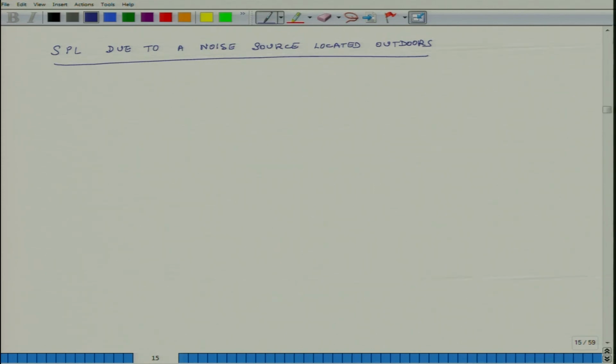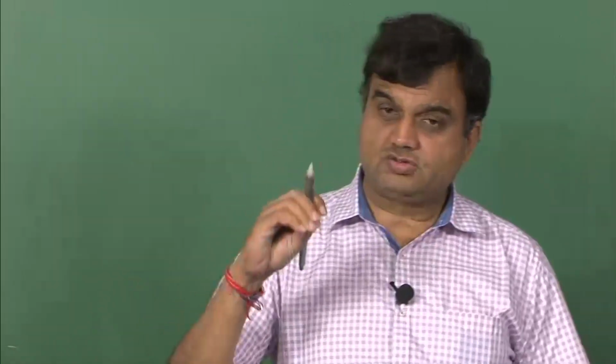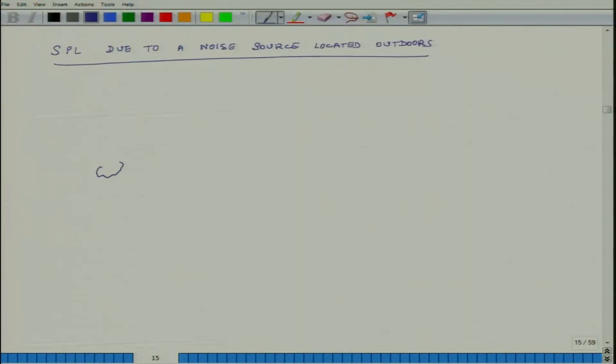Now, even here we will first make a very simple assumption, an idealization, that there are no reflecting surfaces where the sound source is located and also in the neighborhood. The source is not a point, it is some complicated object, and because it is complicated in shape, it will not produce spherically symmetric waves.